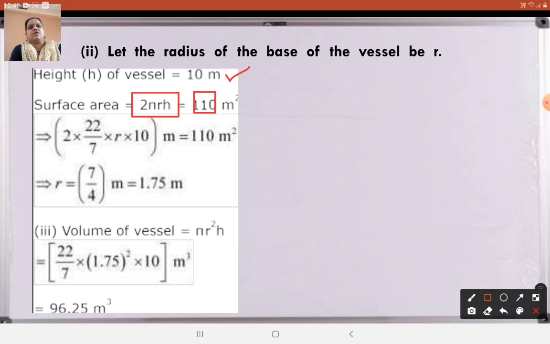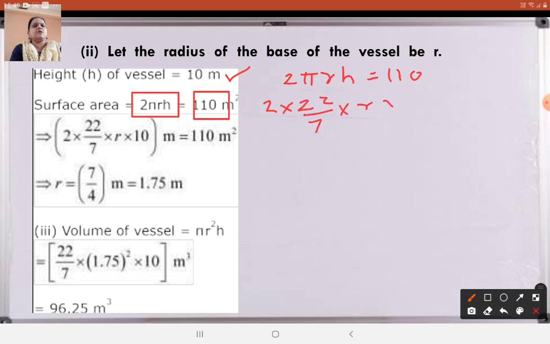The value we already got is 110. Use the formula and find the value of r, that is 2 pi rh is equal to 110. Substitute the values: 2 into 22 by 7 into r into h, which is given as 10, equal to 110.